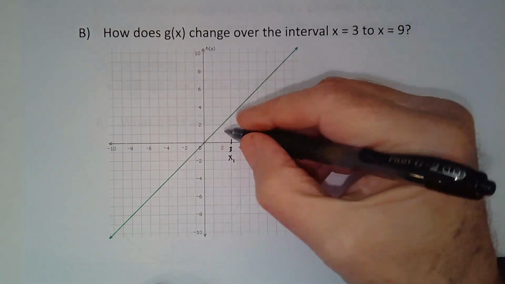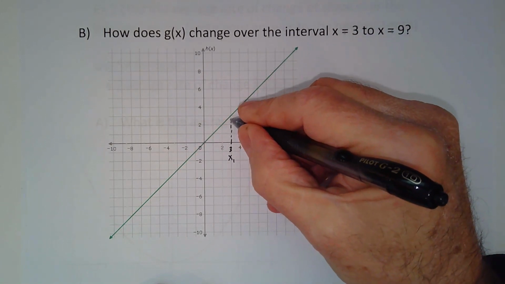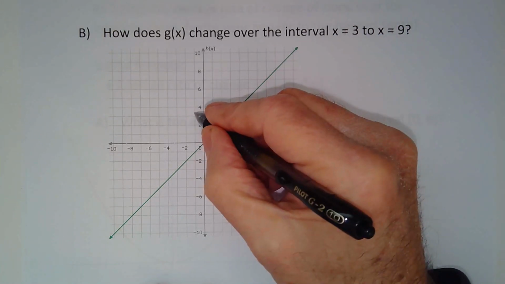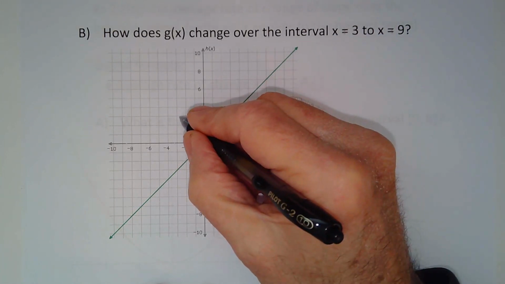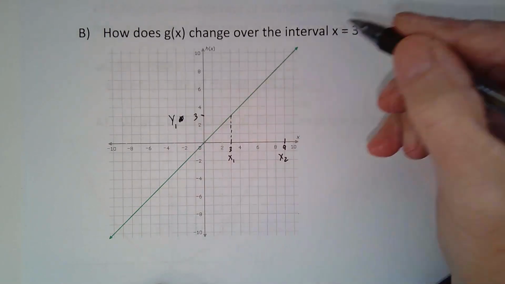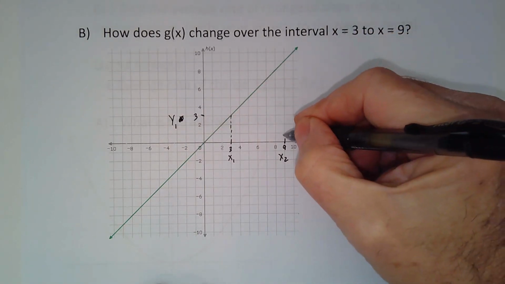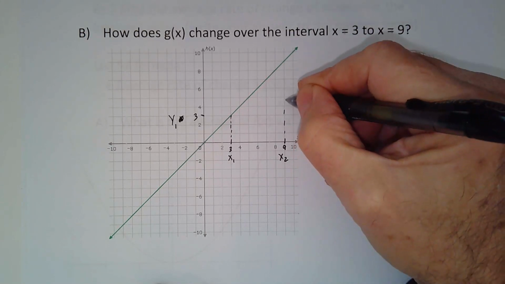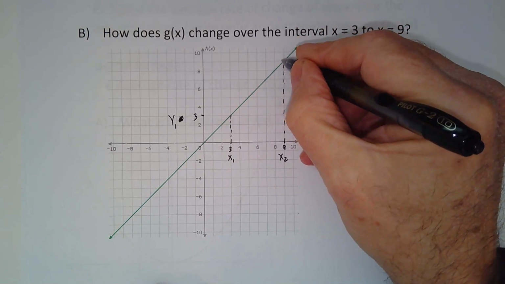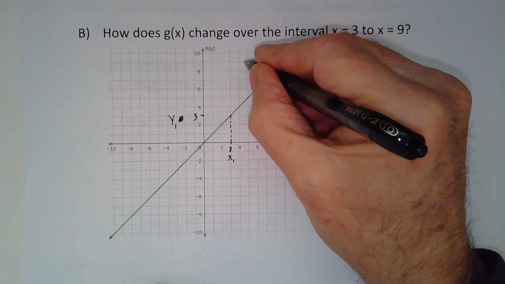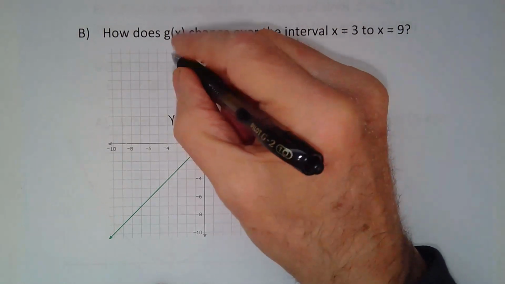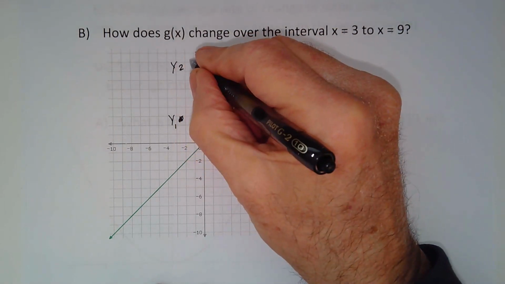And so I'll go up to my line here, and obviously where x is 3, y has also got to be 3. So that's going to be my y1. And then I'm going to do my dashed line from the x2 at 9, go all the way up to the line, and then over with my dashed line. And my y2 is also going to be 9.